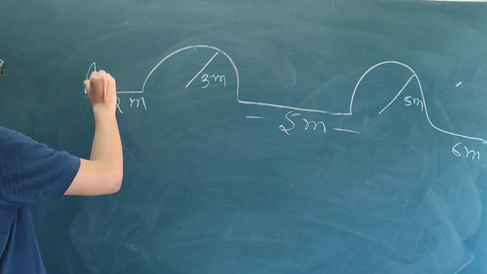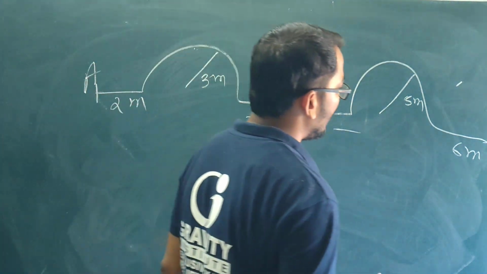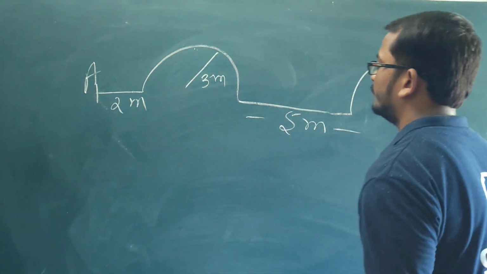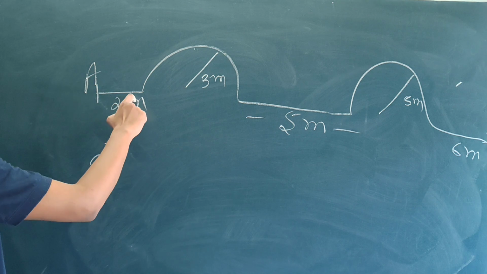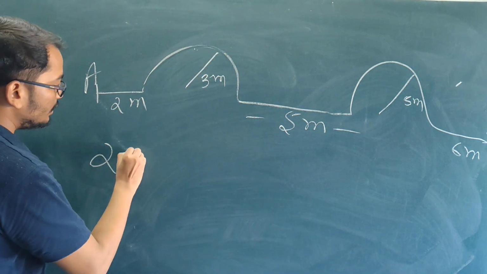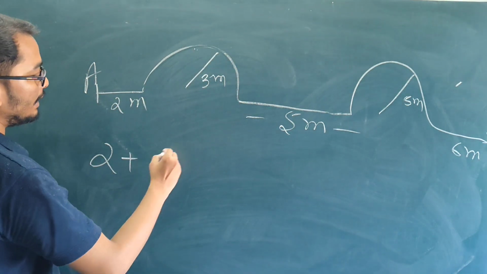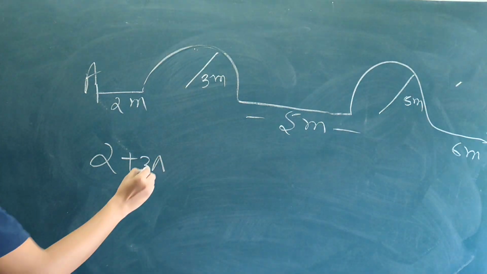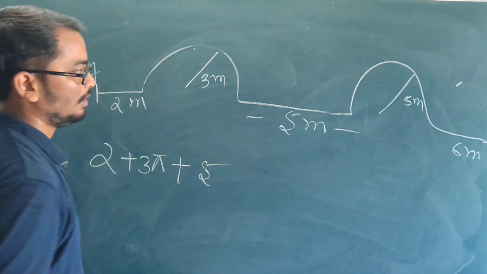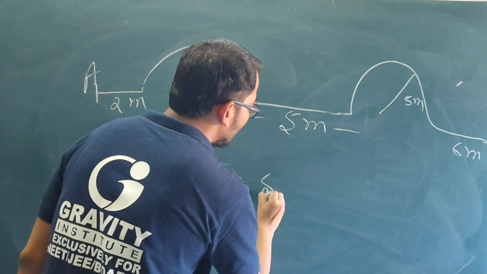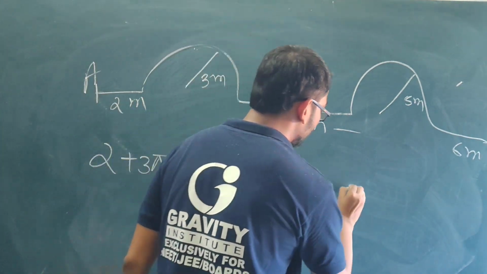A particle starts from A and goes to C. So what is the distance? The distance will be 2 plus pi into r, that is 3 pi, plus 5 pi plus 6.